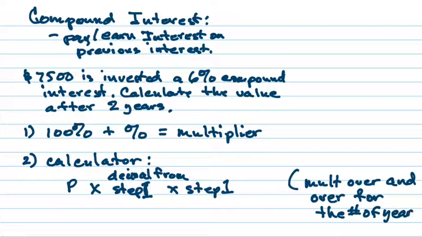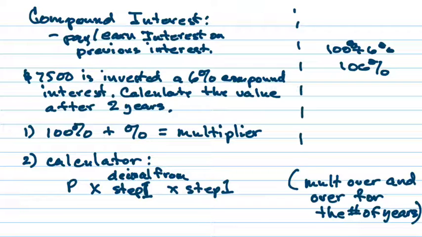So it would be like the principal times. In this case, it's 6% interest, right? So that's 100% plus 6%, which is 106%, which is what decimal? 1.06, right? So that's our multiplier, just like an increase, right? Because with compound interest, we are increasing.